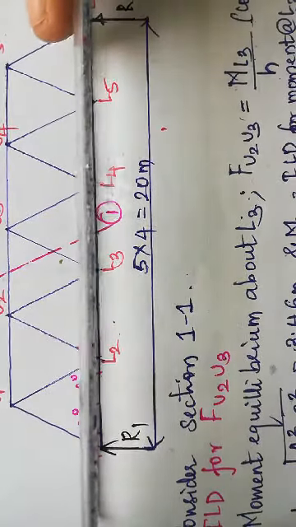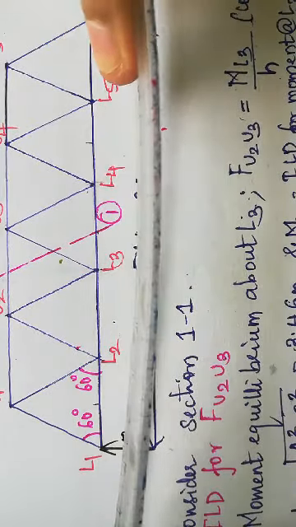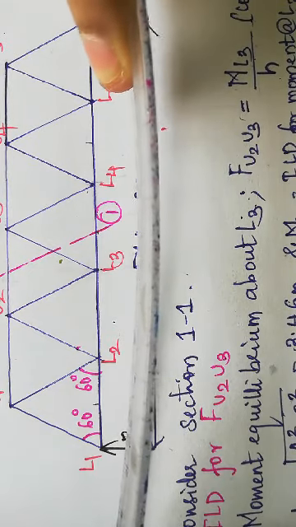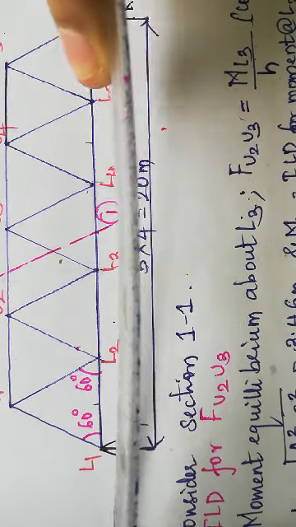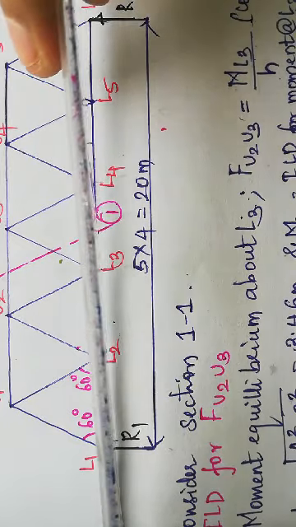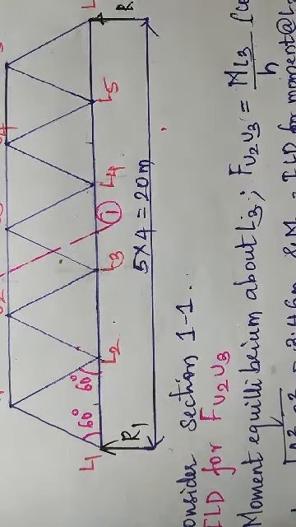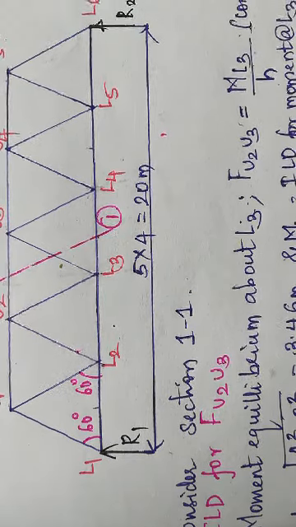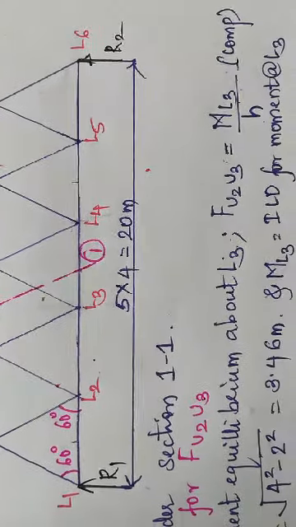Like this is the bottom chord member, and if the load is acting it just deflects. Now if the bottom chord member is trying to elongate, the top chord member will try to contract. That's why the top chord members have this compressive type of force in them.